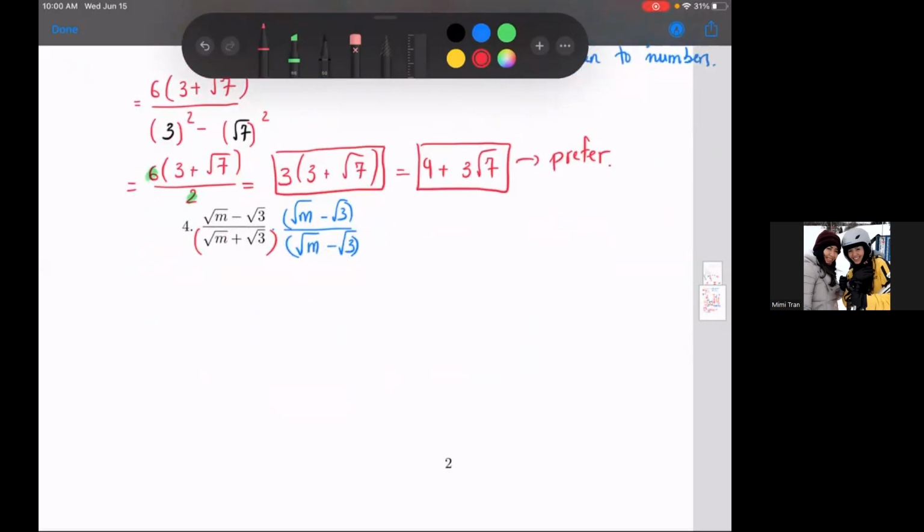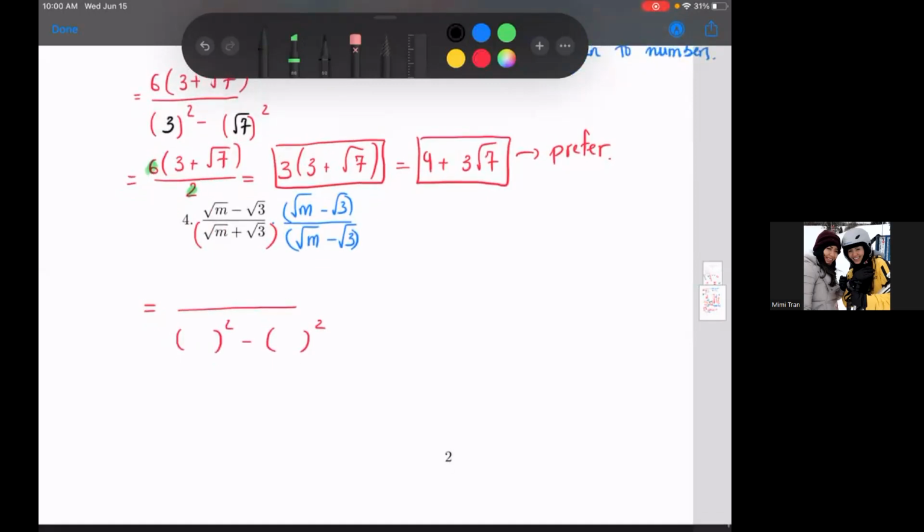So it'll be something squared minus something squared. And what is that something now? What is A?